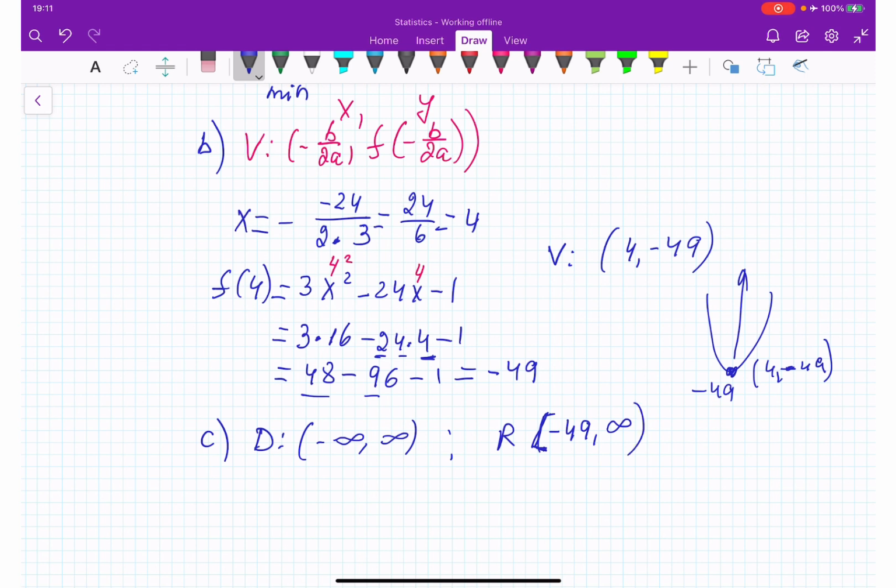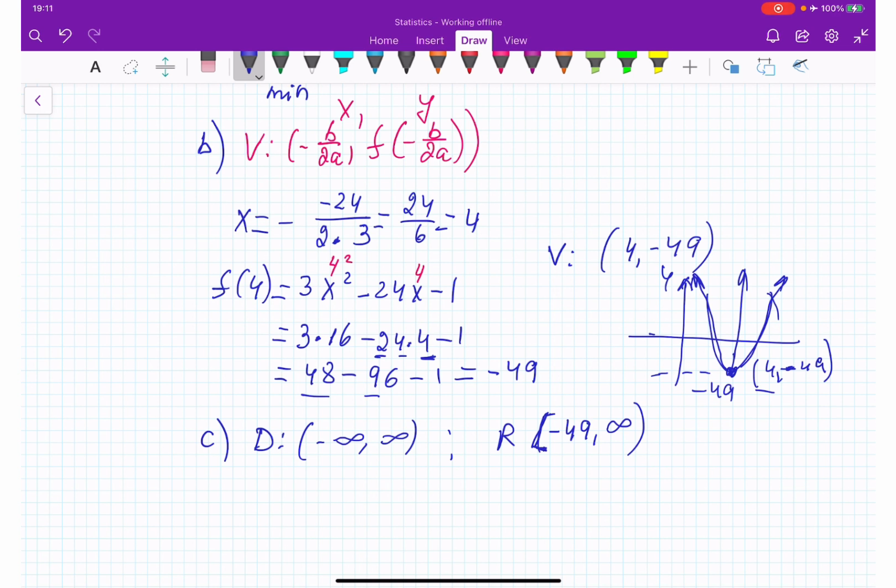Okay. Now you might ask, why don't you do the same way with the domain, from 4 to infinity and so forth? The thing is, if this is our y, see, x is going all the way to infinity.